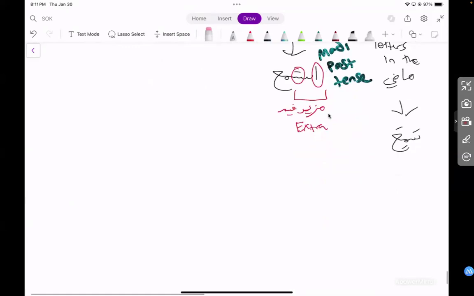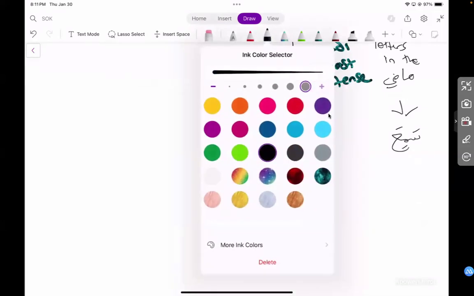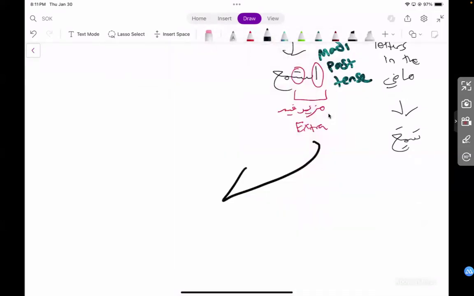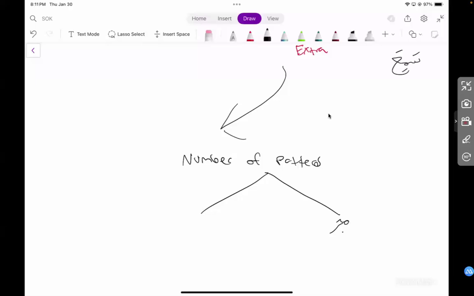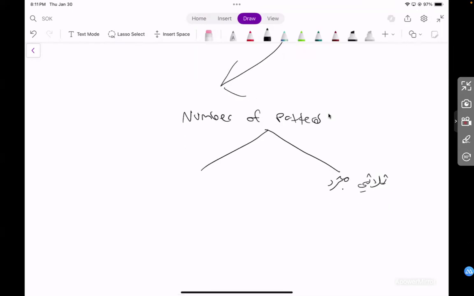Taking this concept a little further and talking about the number of patterns. In thulathi mujarrad, specifically, you will have a total of 6 patterns.